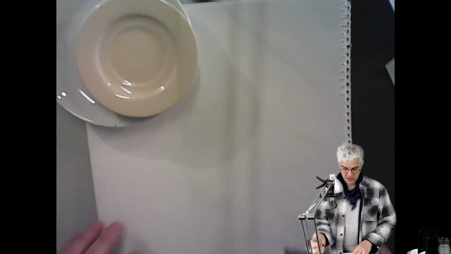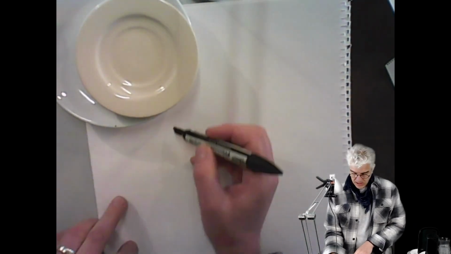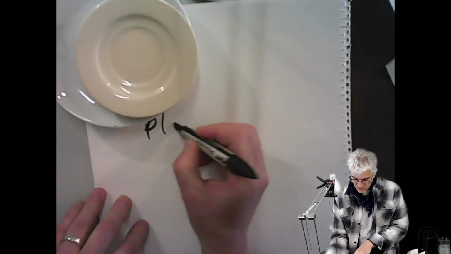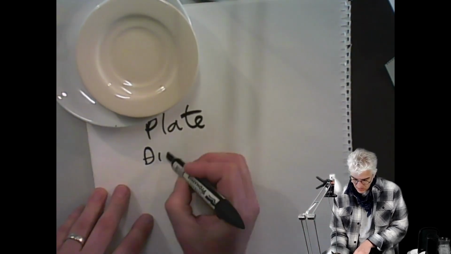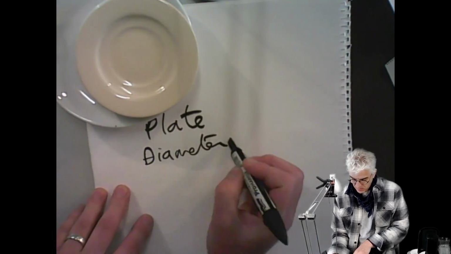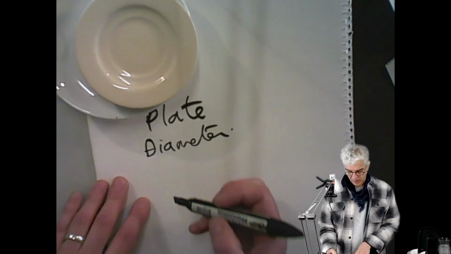If I said to a factory, I want you to make me some plates, I want to have a basic design for a plate, and I'm going to say a plate will have a diameter. This is on the basis that they're all round plates, so maybe they're a special subset of plates.